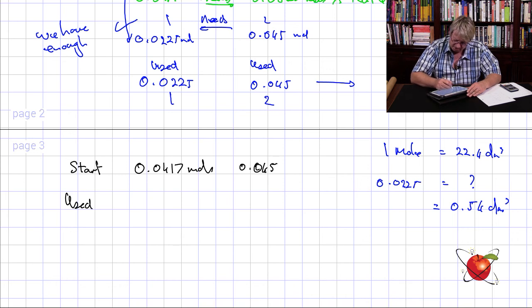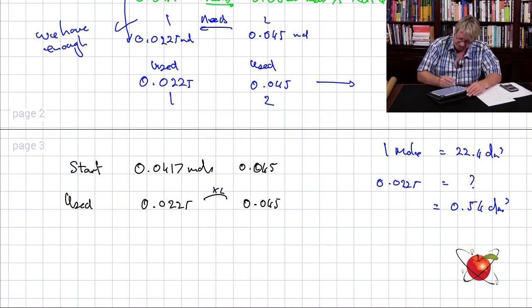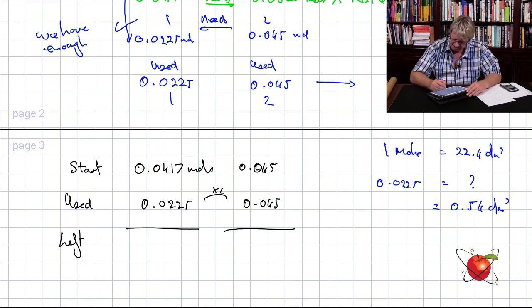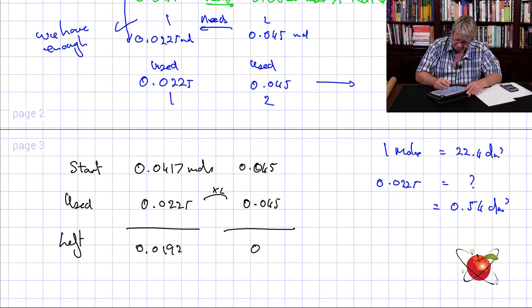Used: 0.0225 and 0.045. Remember, that was the times 2 that we did. So therefore, left over is going to be 0 of that, and on this side 0.0192 moles. Just subtract that one from there to give us 0.0192 moles.